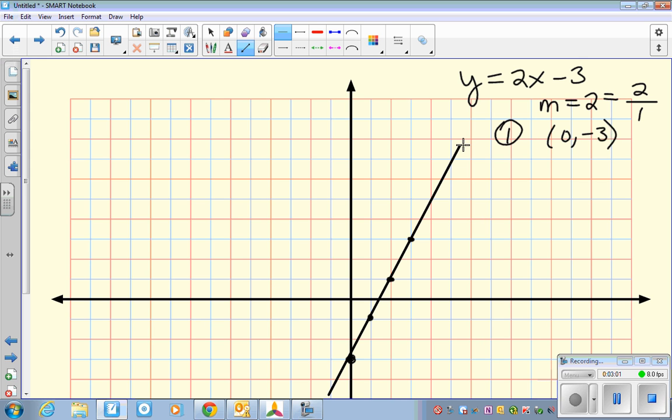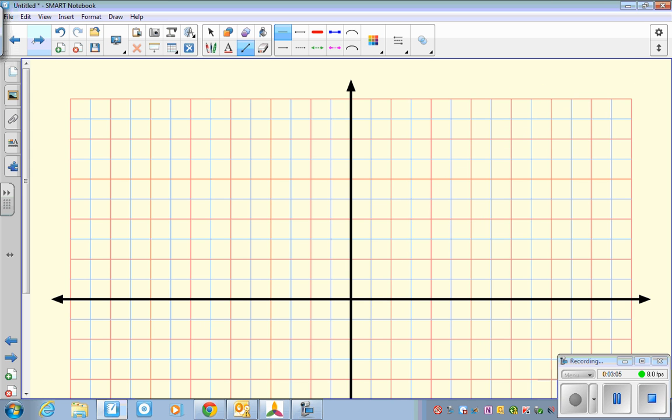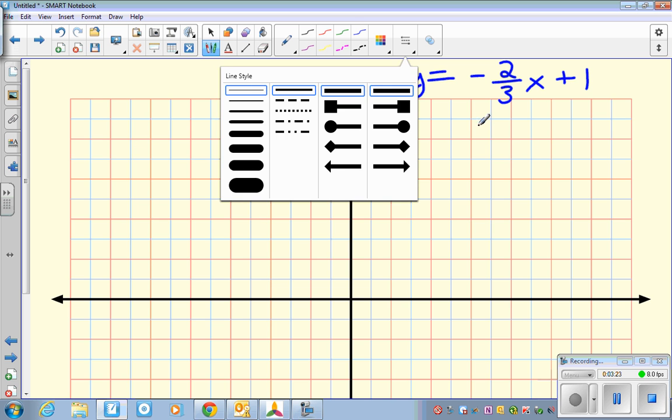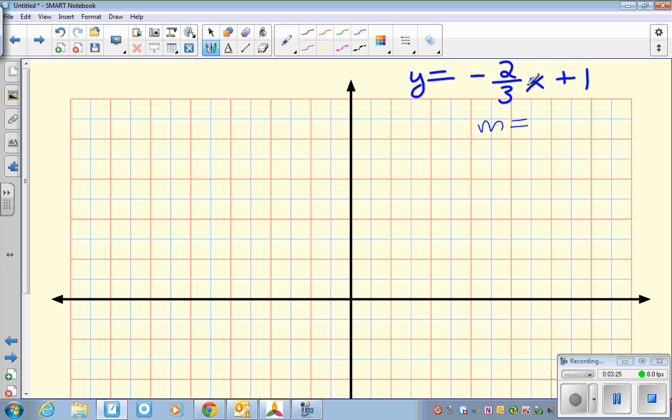So just so we get another example, maybe with a negative slope, let's do another one. This one, we will do y equals negative 2/3 x plus 1. Now here, my slope is whatever number is in front of the x.